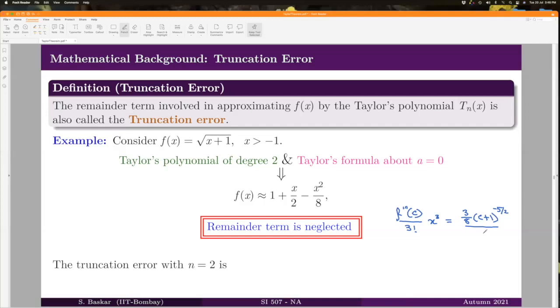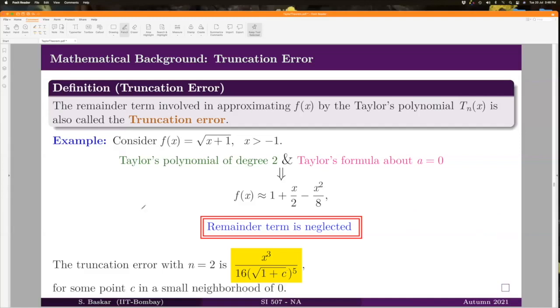Divided by 6 into x cube. And therefore, our truncation error is written as x cube by 16 into c plus 1 to the power of 5 by 2, where c lies in a small neighborhood of 0. More precisely, c lies between x and 0, right?